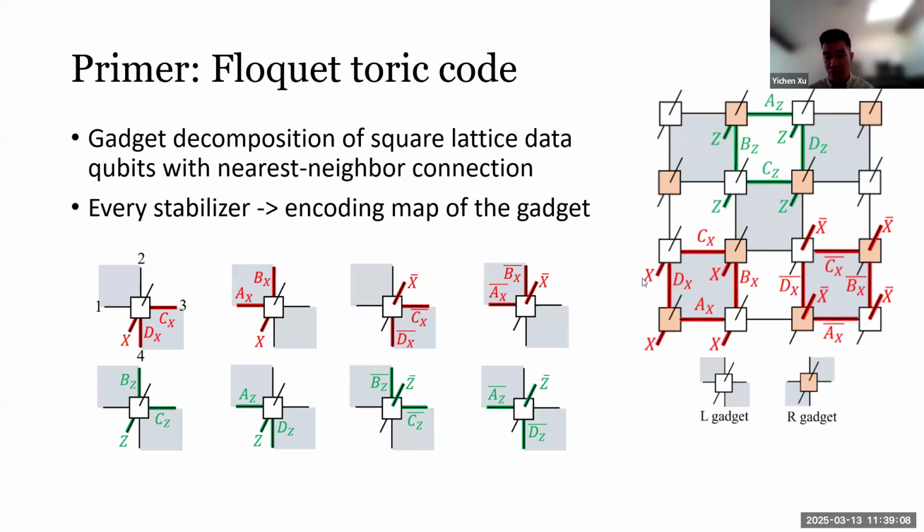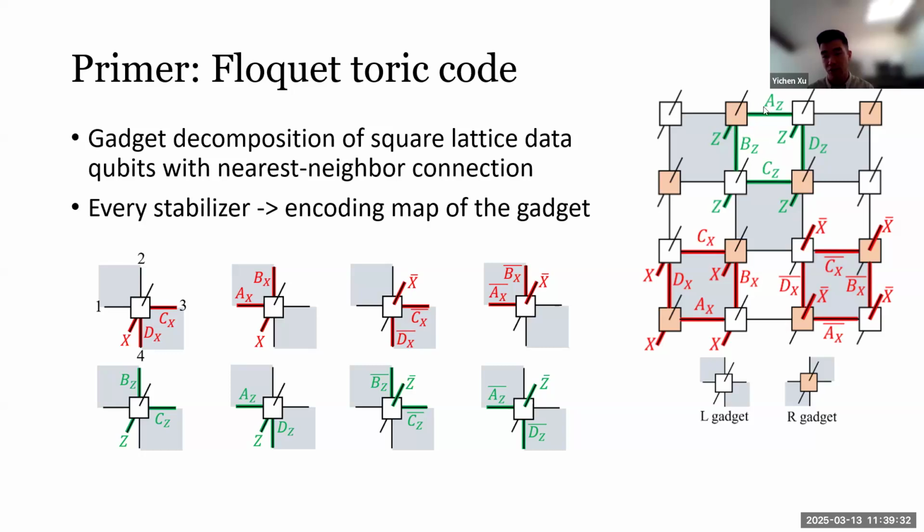For example, in order for the incoming four-body X operator to be measured, the X stabilizer is supported on the shaded squares, by the way. So they have to be mapped to these four bonds. We parameterize these four bond operators by A, B, C, D with a subscript X. Similarly, the incoming Z stabilizer is a weight 4 stabilizer.